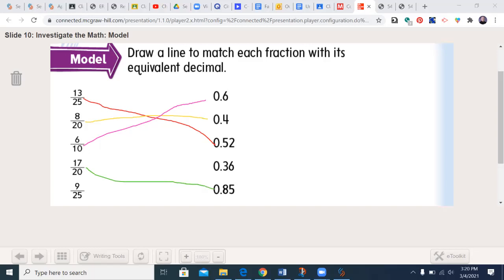And last but not least, 25 goes into 100 4 times. 9 times 4 is 36. And now we have connected them.